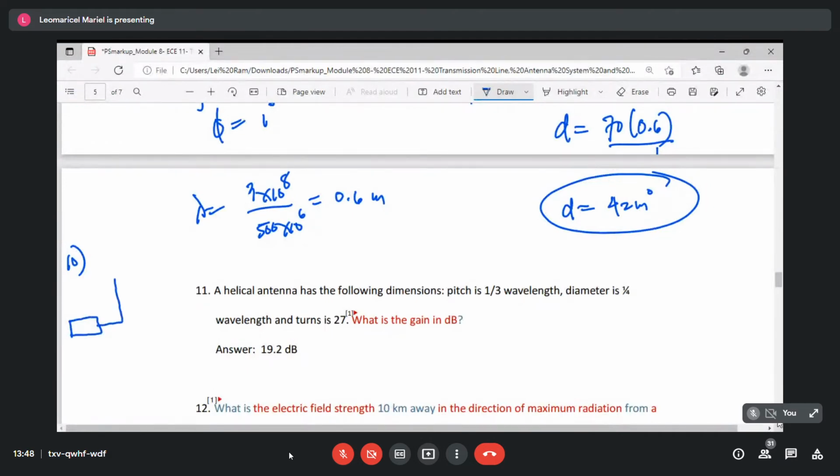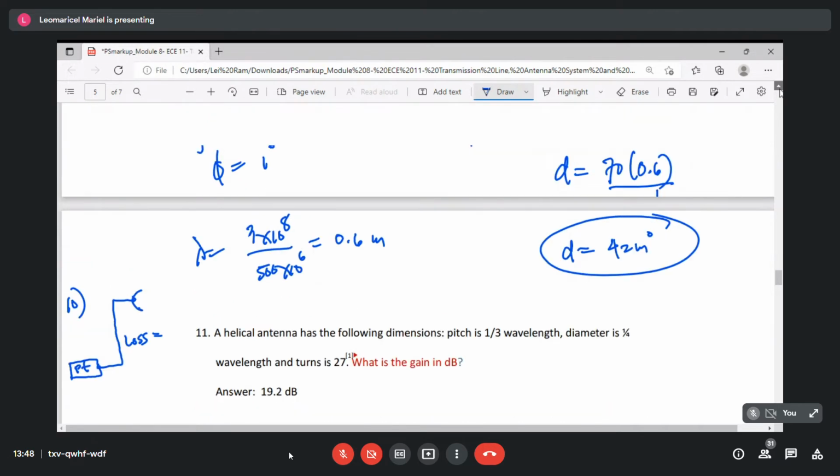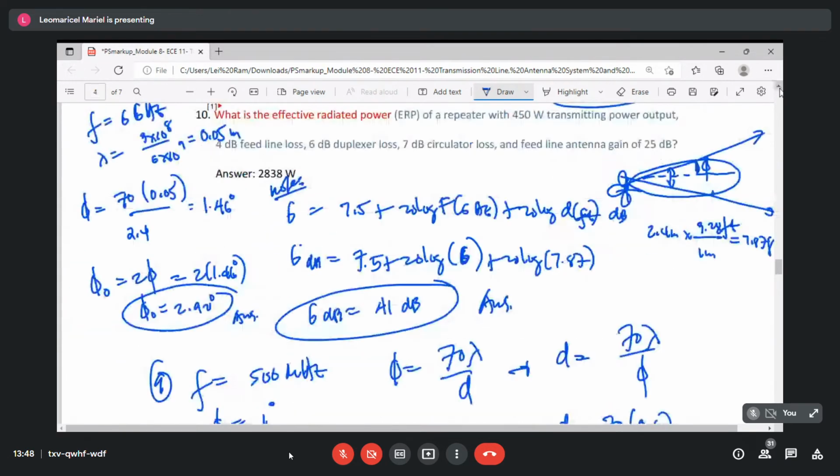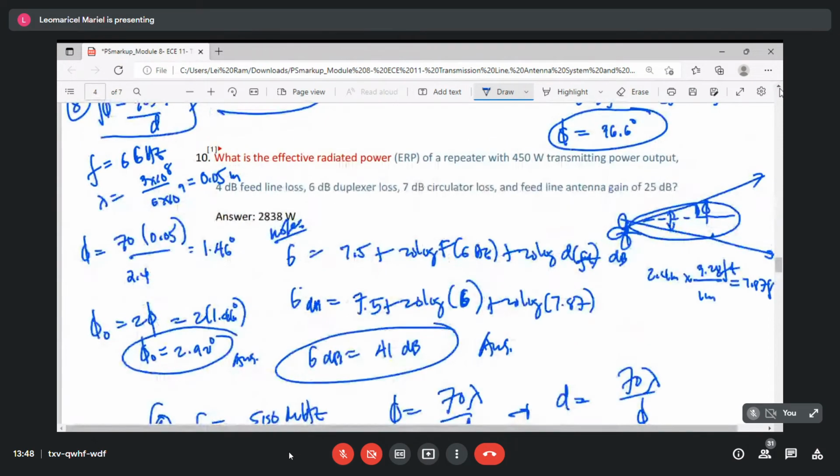This is our transmitter antenna. The transmitter power PT comes out of the transmitter. Along the transmission line you will have losses. So what is your total loss? The feed line loss, your transmission line loss, is 4 dB, duplexer loss 6 dB, circulator loss 7 dB.